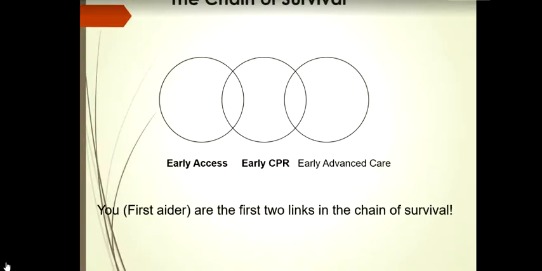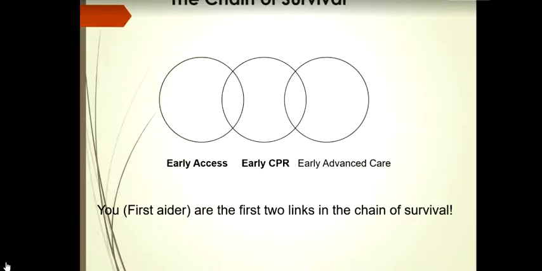Now let's think about the chain of survival, which involves three critical circles. One is the early access to a patient. Early adds on to the value that we get from immediate action. All right. Then comes early CPR or cardiopulmonary resuscitation. Very important, and this can further be broken down into early cardiopulmonary resuscitation and defibrillation as well, and we shall see that in this next slide.